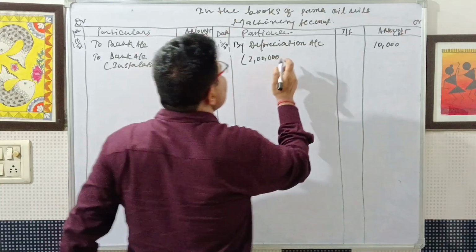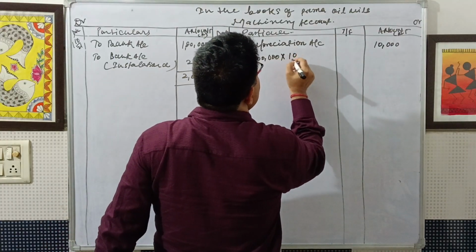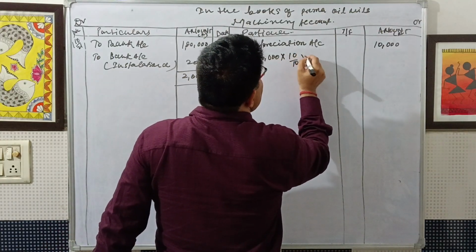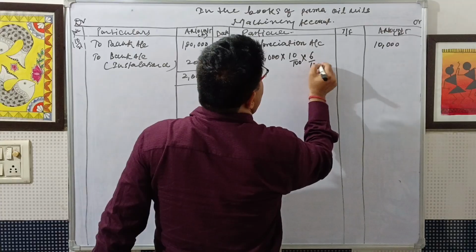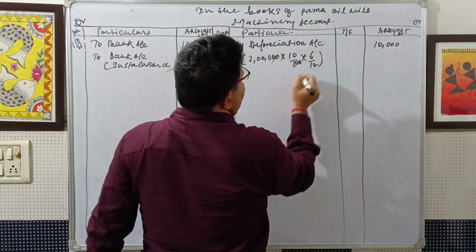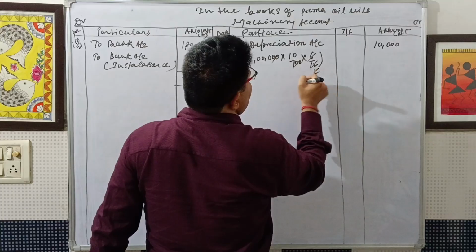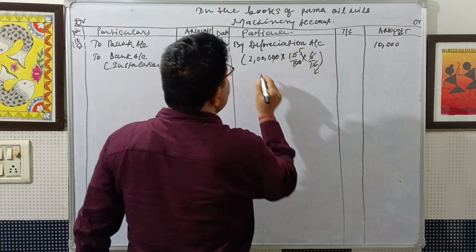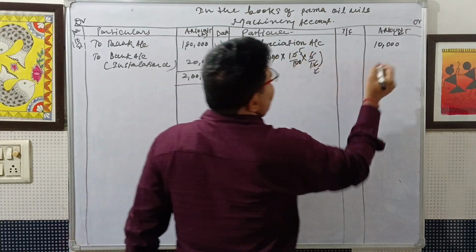So 2 lakh into 10 by 100 into 6 by 12. Cancel, 2 fives are 10, so 2000 into 5 is 10,000.